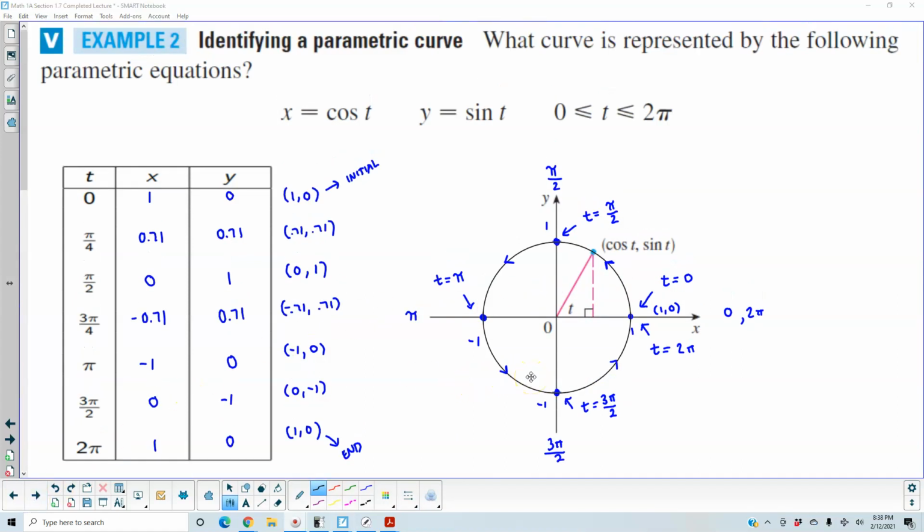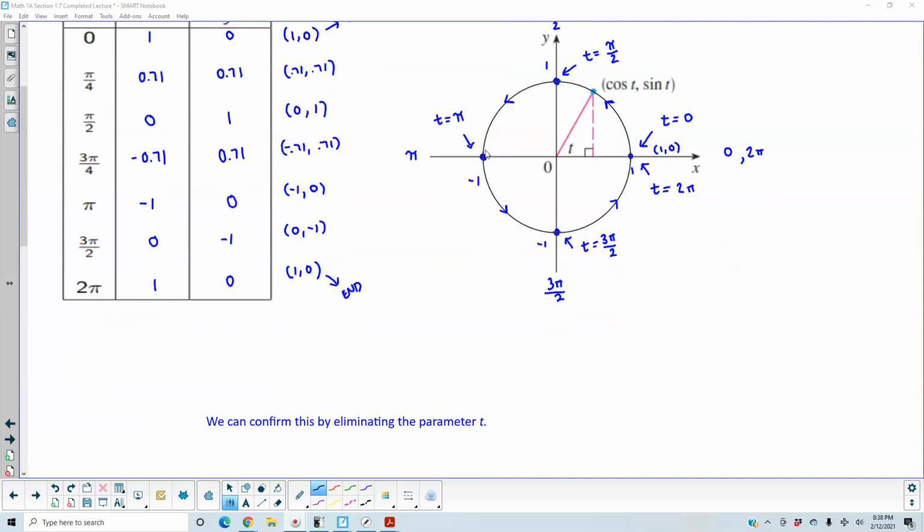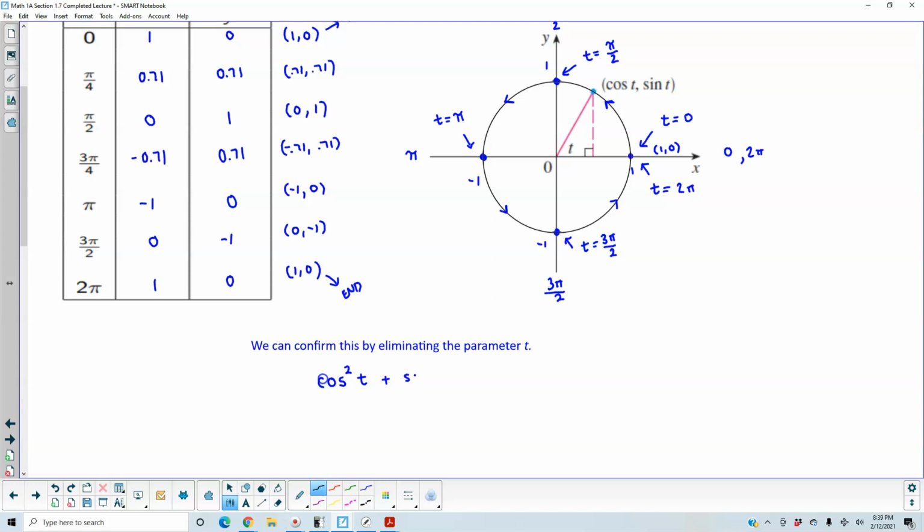Now we can confirm that this is a circle by using these equations and eliminating the parameter. So we know that x is equal to the cosine of t and y is equal to the sine of t. We're confirming this by eliminating the parameter t. Recall the trig identity: cosine squared t plus sine squared t is equal to 1.